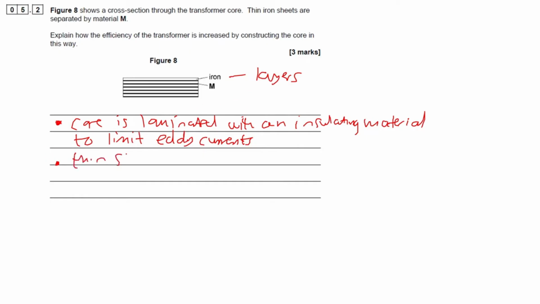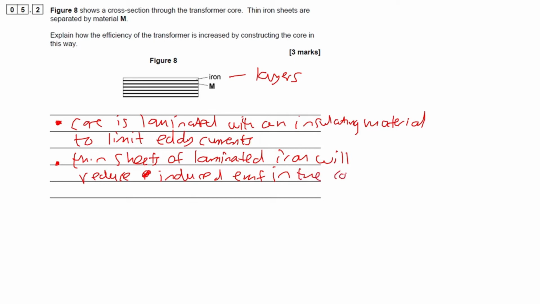So thin sheets of laminated iron will also reduce induced EMF in the core. Okay, we don't want EMF to be induced in the core, we want it to be transmitted to the secondary coil from the primary coil.